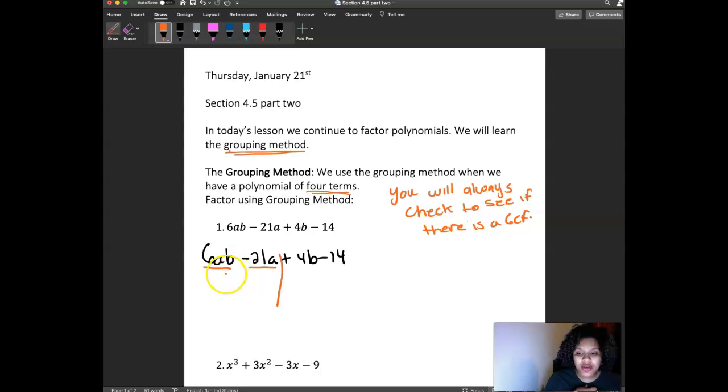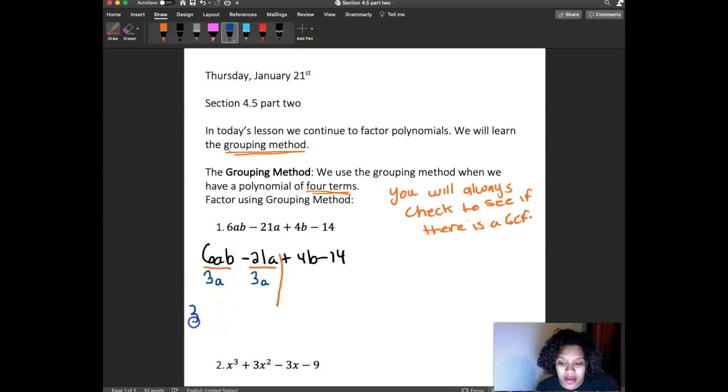Then you're going to ask yourself, what do the first 2 terms have in common? Meaning, what is the GCF between the first 2 terms? In this case, the GCF is 3, which we already said they're both divisible by 3, and they both have the letter A in common, 1.